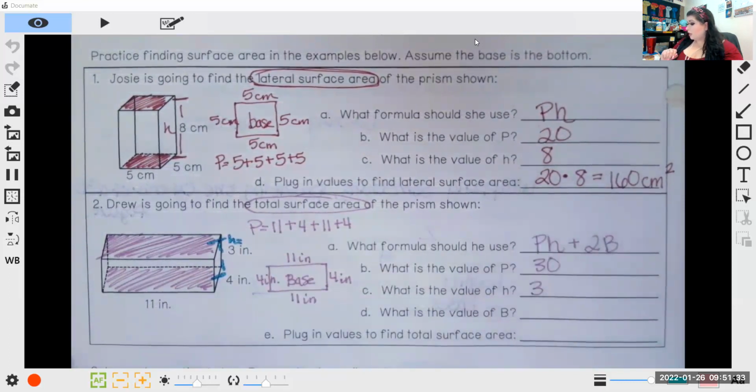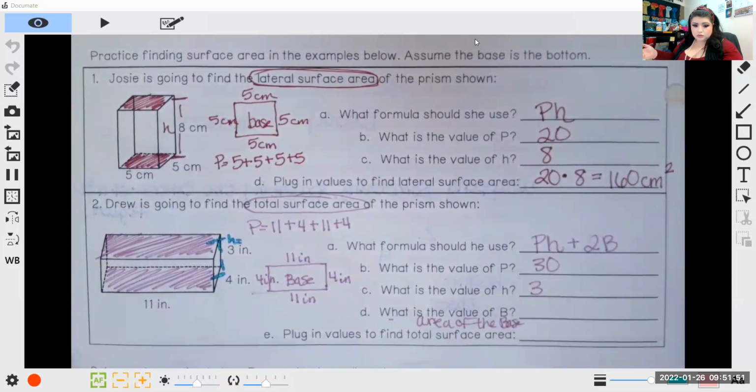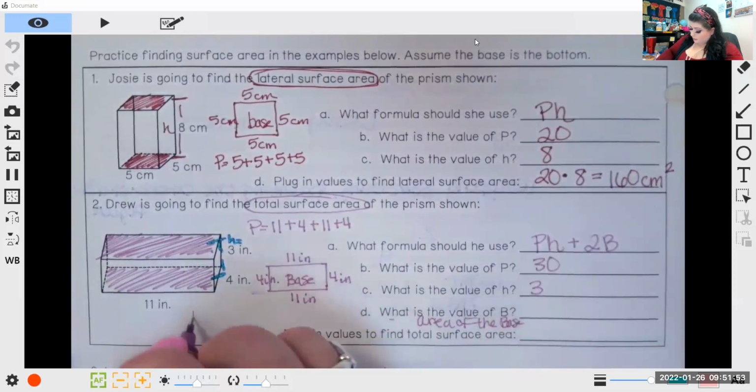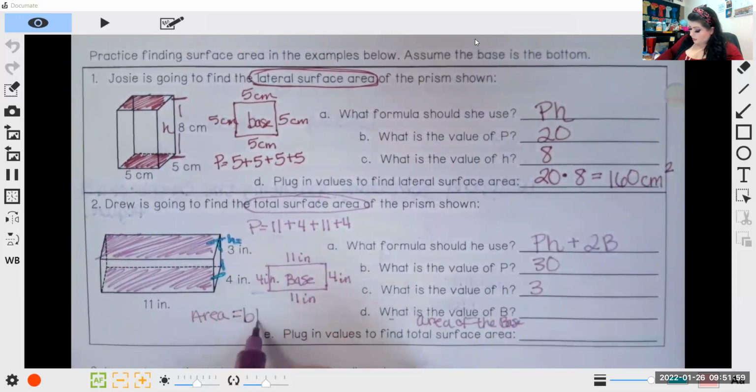Now we're talking about total, so I also have to say, what is the value of big B? Remember, big B is the area of the base. And because this is a rectangle, my area is going to be the base times the height.